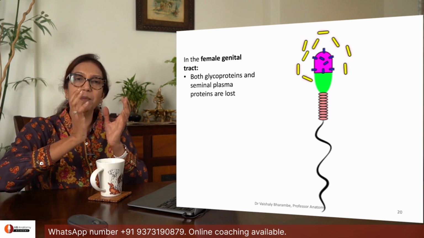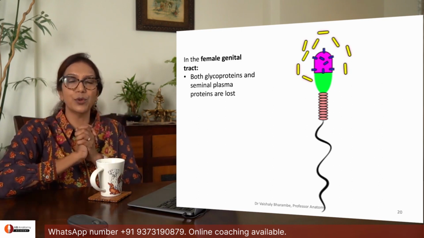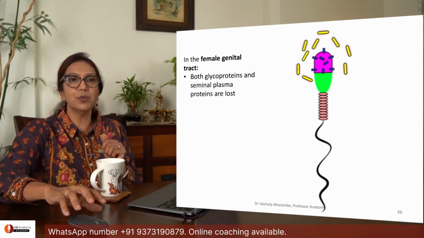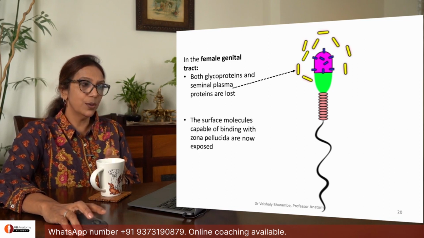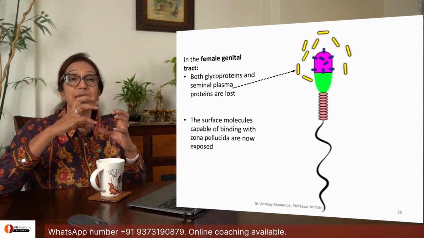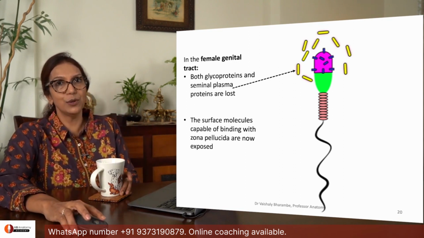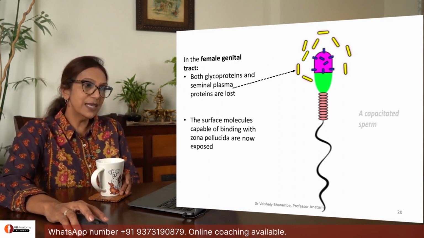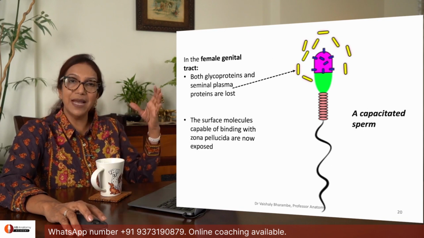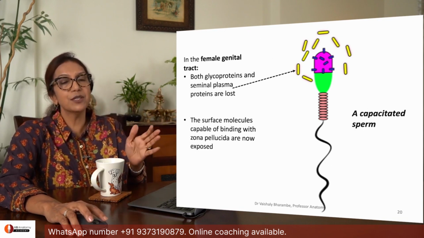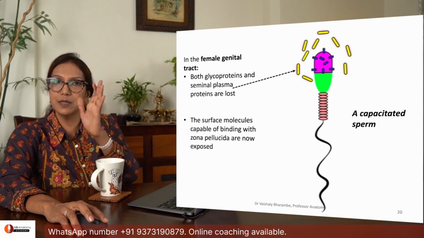Till now, they were covered by these plasma proteins and glycoproteins. When you lose the plasma proteins and glycoproteins, the surface molecules are exposed and they are now capable of binding with Zona pellucida. Understood? So, at the end of this process, the sperm is called a capacitated sperm.